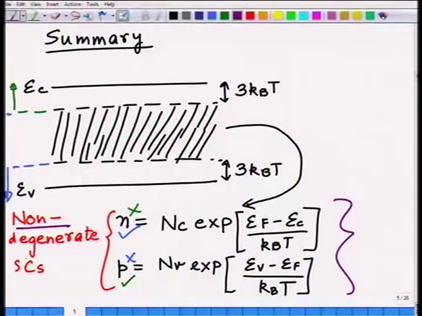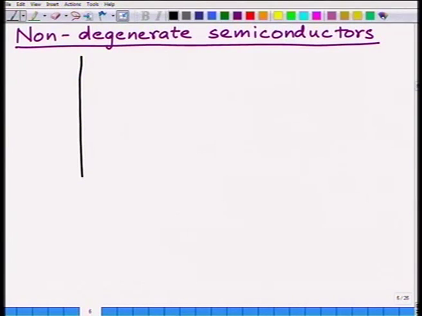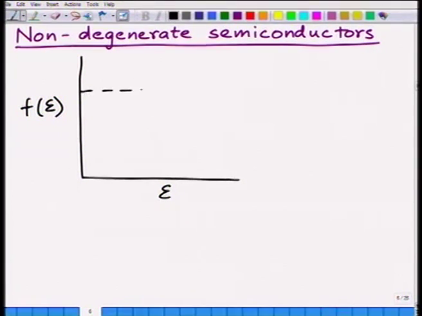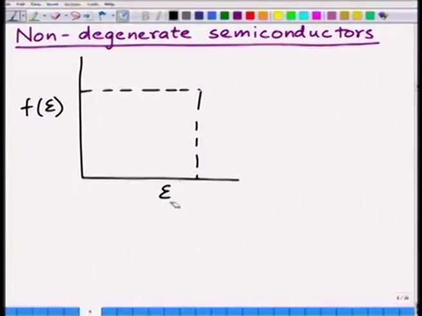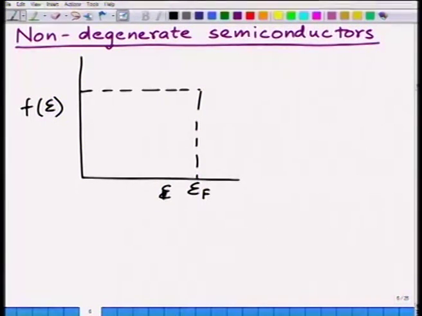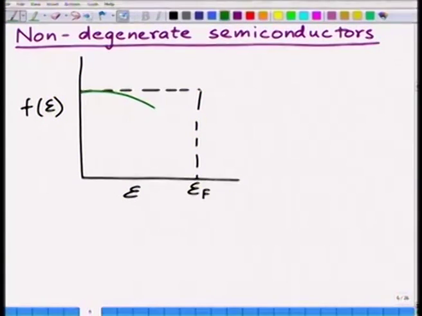All right. So, what else in this region? Let us continue on non-degenerate semiconductors. You should recall what I had taught you about the Fermi-Dirac function, the probability of finding an electron at an energy level. When plotting the Fermi function f of E versus energy, I had plotted something like this, that if this were Ef, then at any temperature the curve behaves like this.